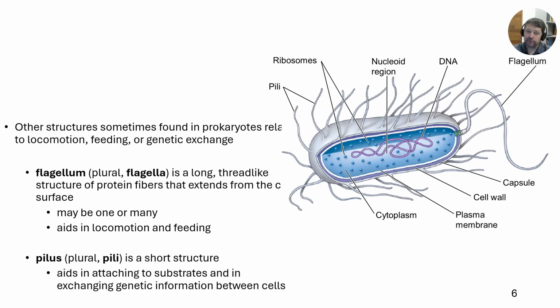Depends also on the organism whether or not they have them. Not all bacteria have pili. A flagellum, ability to move. Again, not all of them have it. Some move in different ways. But these are just the general structures of prokaryotes. Next time we come back, we'll talk about eukaryotes.